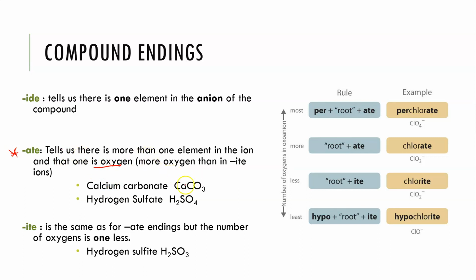So carbonate has carbon and oxygen. -ite is exactly the same as -ate, but it has one less oxygen. And if we look at this, we can see that the most oxygen is indicated by per-, and then it might be chlorate, chlorite, and hypochlorite.